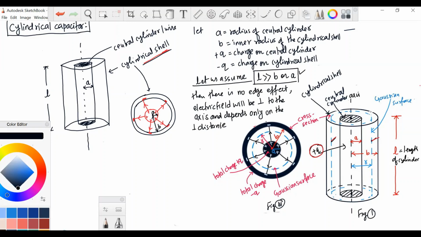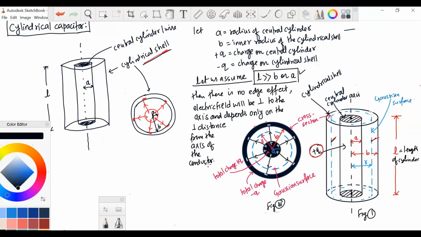Clear? It depends only on the perpendicular distance from the axis of the conductor. So we have this, and what we find is that there will be flux only through the cylindrical part of the Gaussian surface.